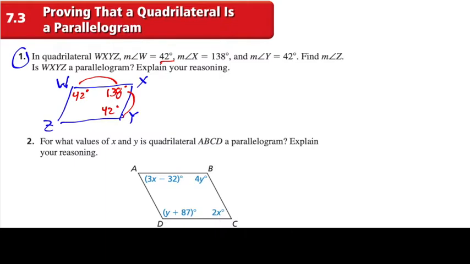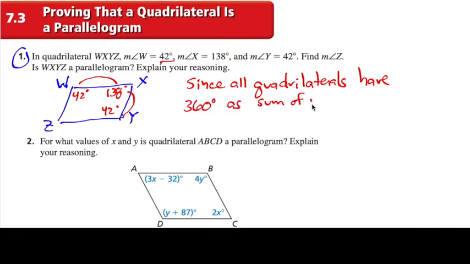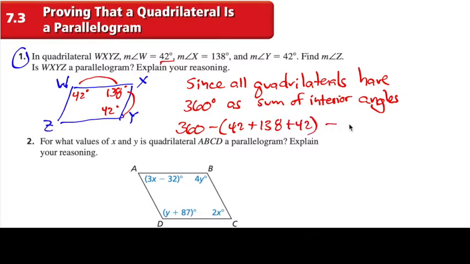And since there are 360 degrees in a quadrilateral, we can take 360 and we can subtract the 42 plus 138 plus 42 from it, and we see that we get angle Z is equal to 138 degrees.